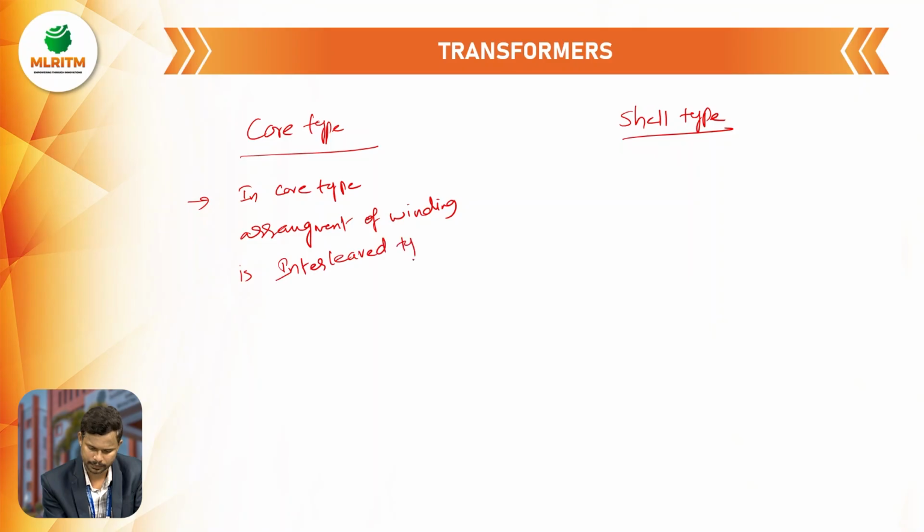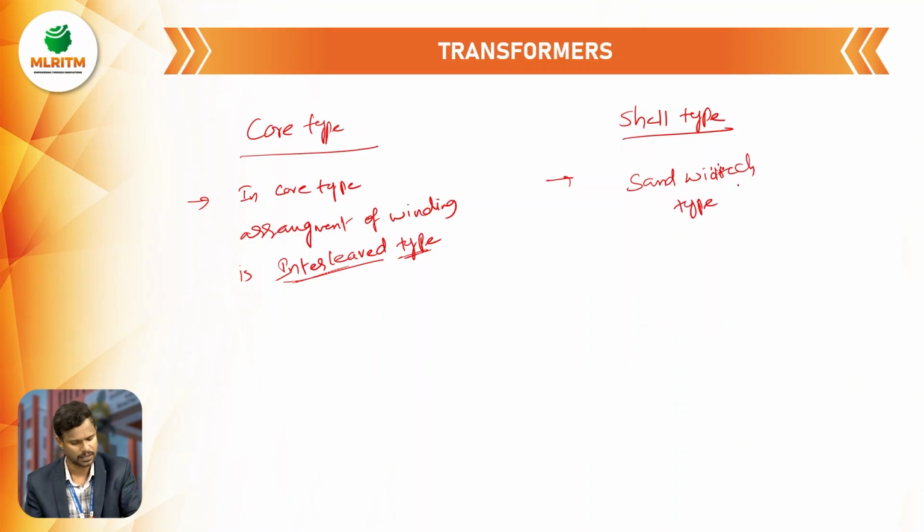Interleaved type winding is arranged in the core type transformer, and sandwich type winding arrangement is used in the shell type transformer.